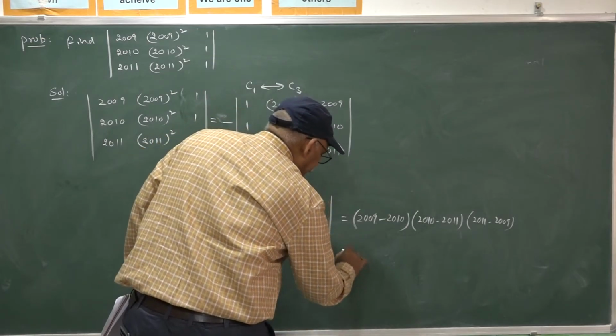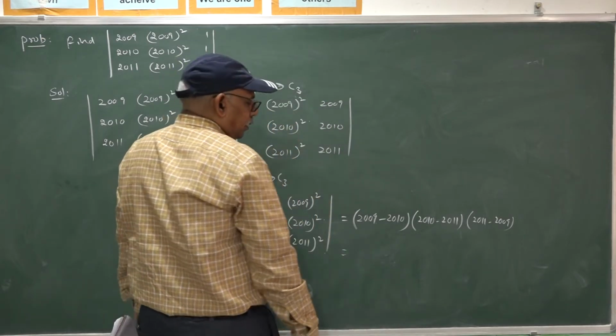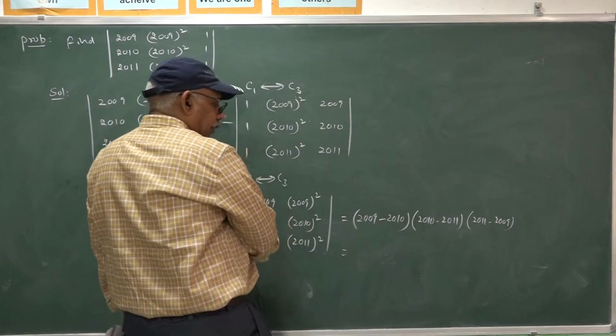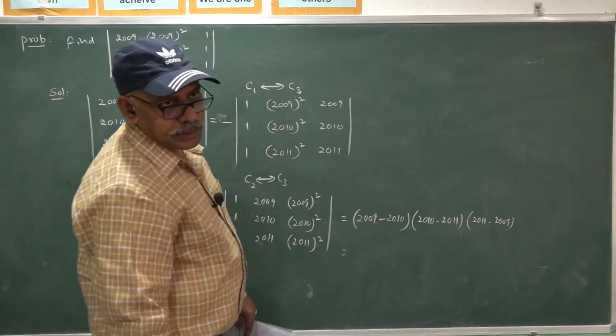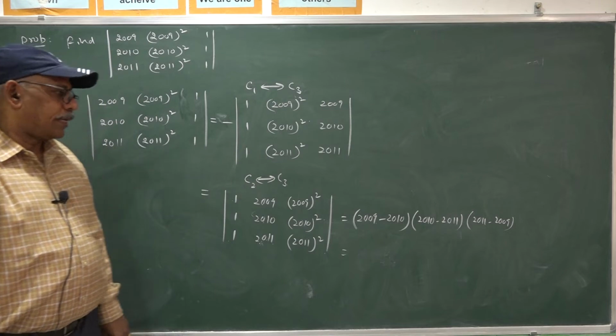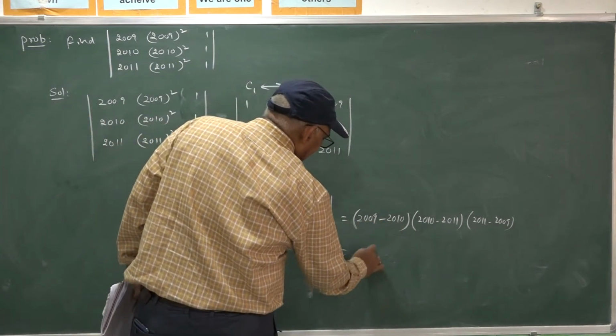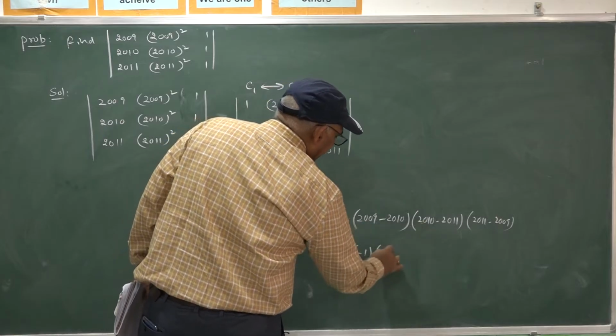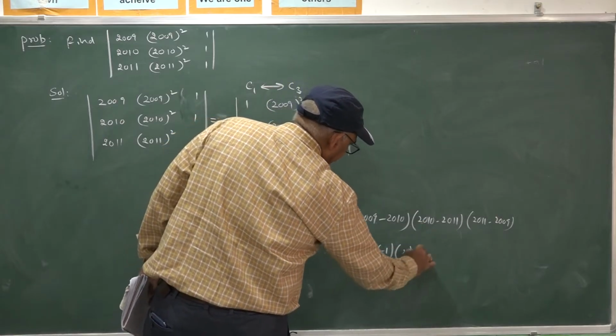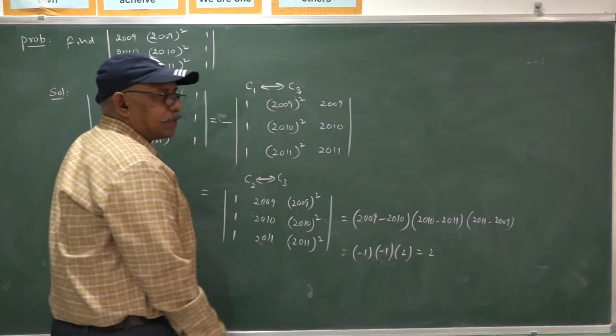Since the determinant of 1, 1, 1, A, B, C, A square, B square, C square is A minus B, B minus C, C minus A, hence it is minus 1. This is also minus 1. This is 2. So the required determinant value is 2.